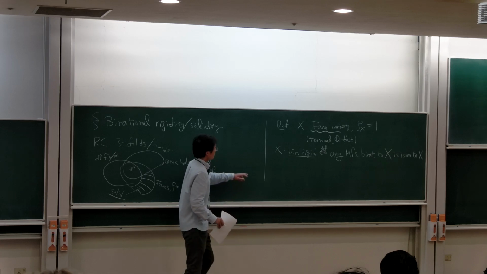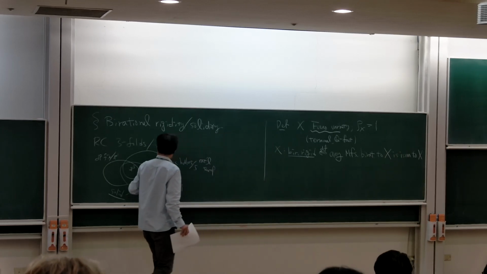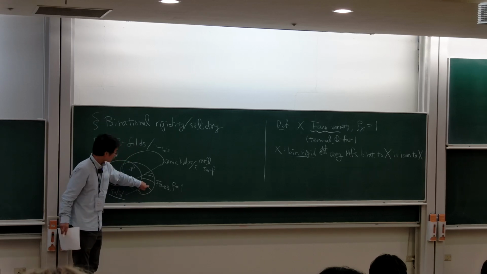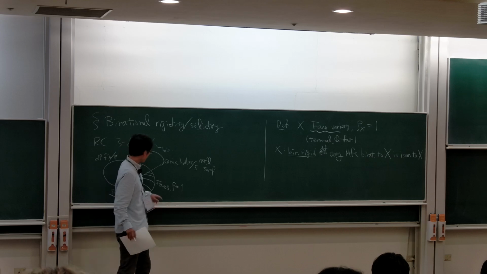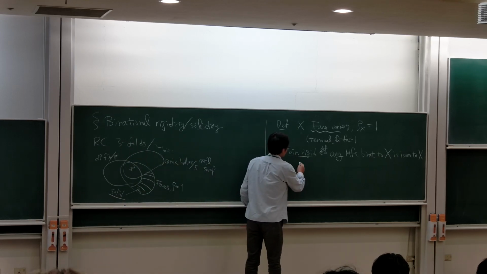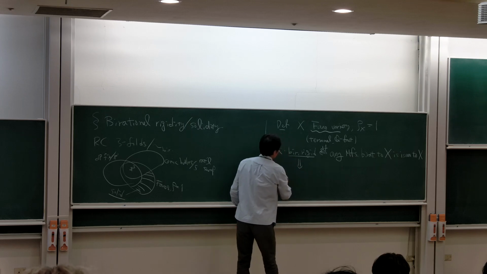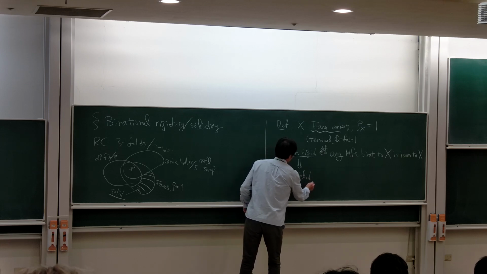Clearly, such a Fano variety, if it's a threefold, lives here. It cannot be birational to any other types of Mori fibre space. And this is a very strong notion. And I want to consider a weaker notion.